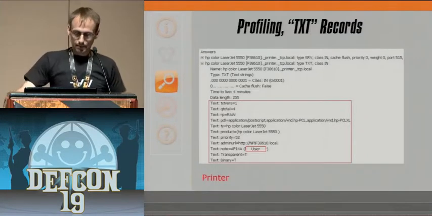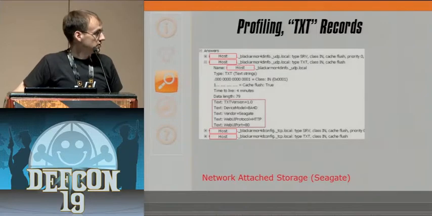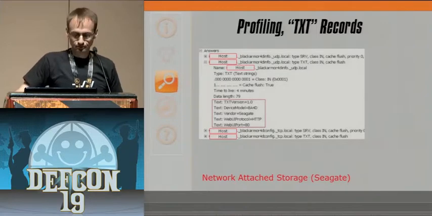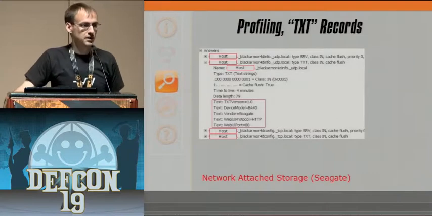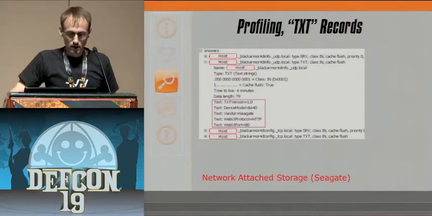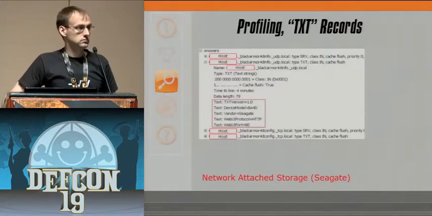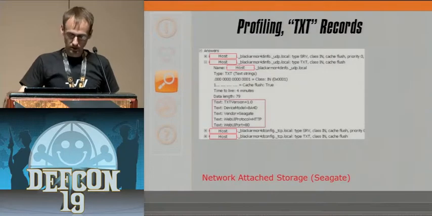All right, so that's printer. And then for the Black Armor 4D info records, the text record that goes with that particular service record, you get not only the device model and the vendor, well, we already knew it was Seagate from the unique record set that it offered, but it confirms it here. You also get the Web UI protocol and the Web UI port. Thank you very much. All right.